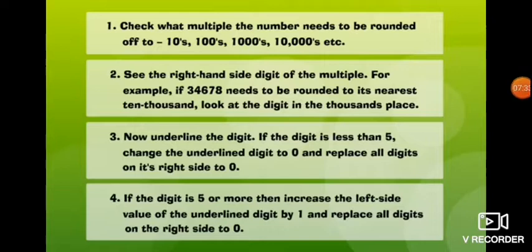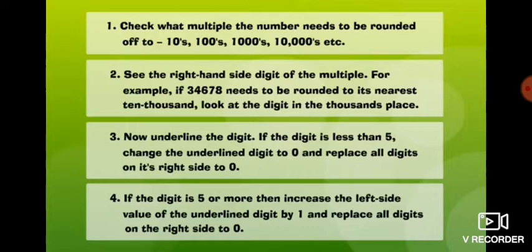Now children, as you can see the rules on the screen, first check what multiple the number needs to be rounded off to, that is tens, hundreds, thousand, 10,000, etc. or lakh. Second, see the right hand side digit of the multiple. For example, if 34,678 needs to be rounded to the nearest 10,000, look at the digit in the thousand place.